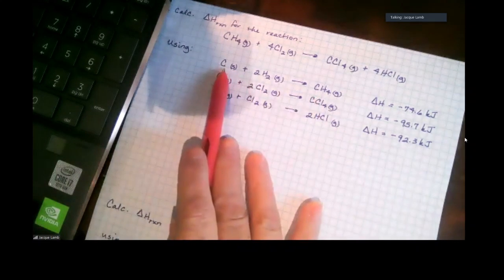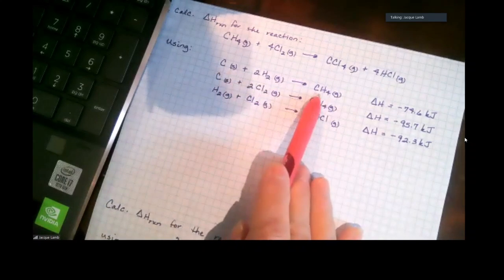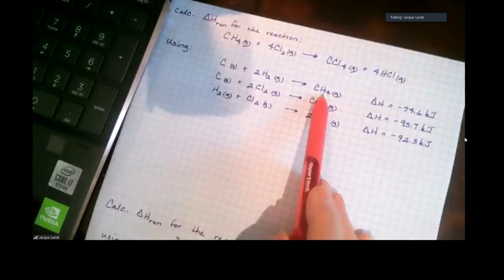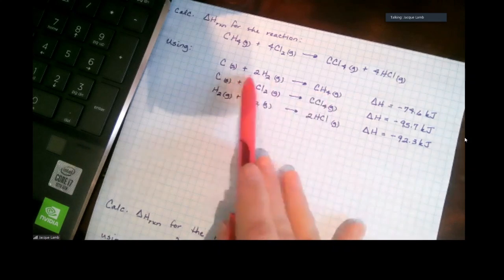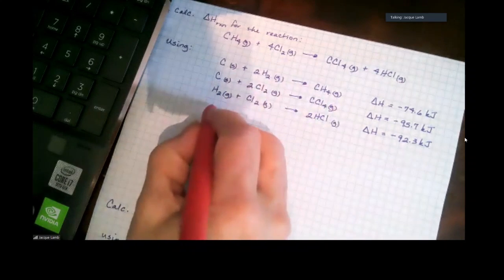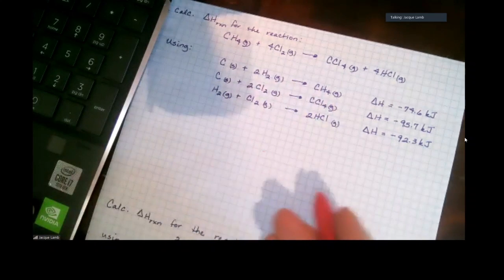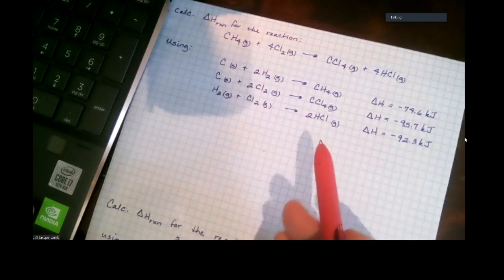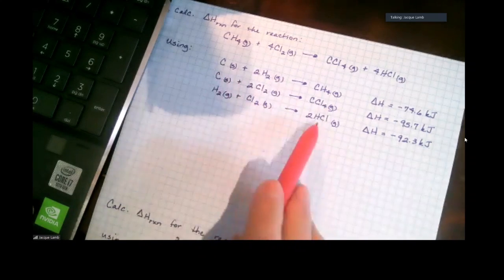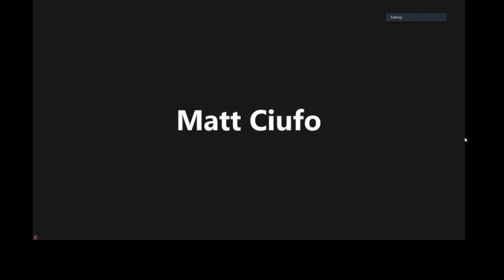So, for example, when I look at this first equation, I see methane. This is the only equation that has methane in it. Methane is a product. I need it as a reactant. That means I'm going to need to reverse this equation. For speed, I will not include the states when I write this, but I just need to make note of the states in the equations.